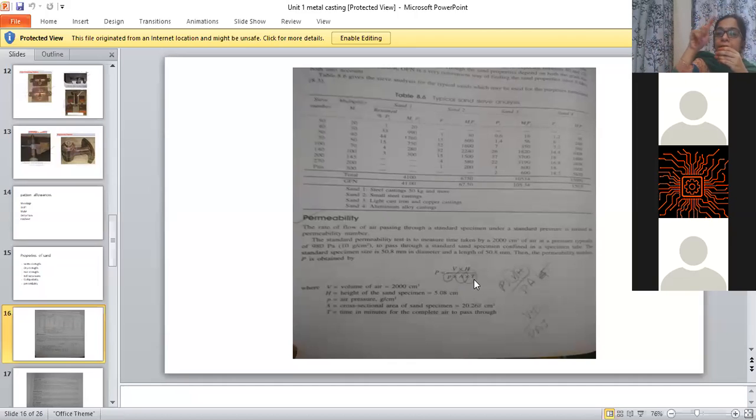Remember there was a cylindrical specimen, we poured the sand and rammed it. That specimen height is predefined, 5 centimeters. Small p is the air pressure. A is the cross-sectional area of the sand specimen. T is the time in which the complete air will pass.